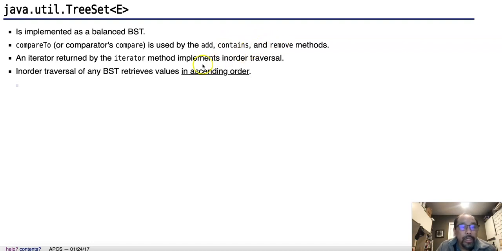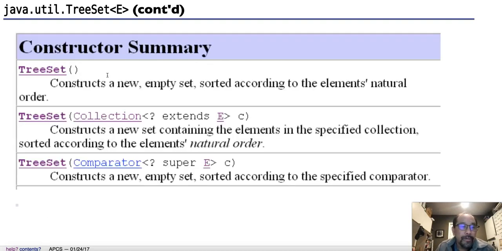And when we create an iterator to iterate through that tree set, it will actually do it in order, using an in-order traversal, which is basically an ascending order retrieval of values. So we have here our constructor. We can make an empty tree set, or we can make a tree set out of a current collection of things that will then create a tree set out of a bunch of items.